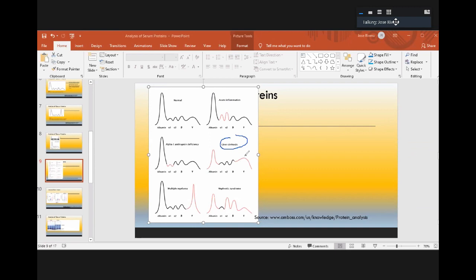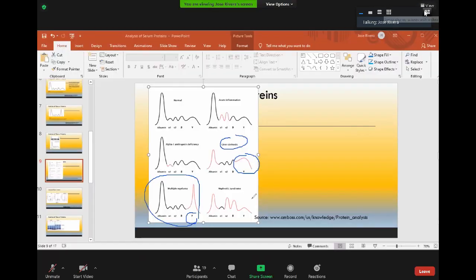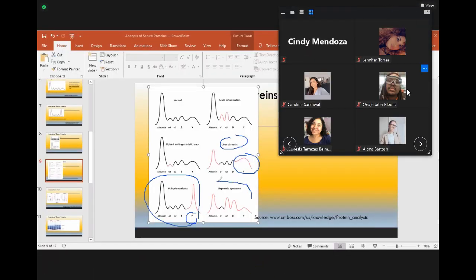The IgGs run slightly elevated, but in a wider pattern, probably because the IgGs are altered in some form. This one here has myeloma, which you know because of the IgG. And this one has something called nephrotic syndrome.